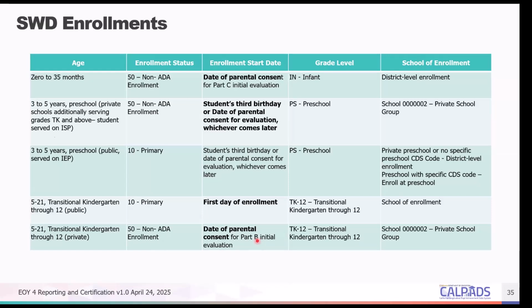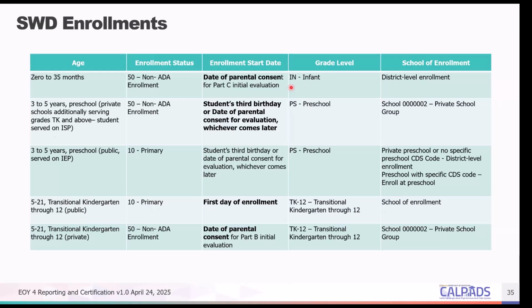I want to say, if I could jump in, this isn't a suggestive table, right? This table's meant to tell you how to do it. A lot of times, if you go to the top row, the infants, it says district level enrollment. We're not saying they have a district level enrollment. We're telling you to create a district level enrollment.